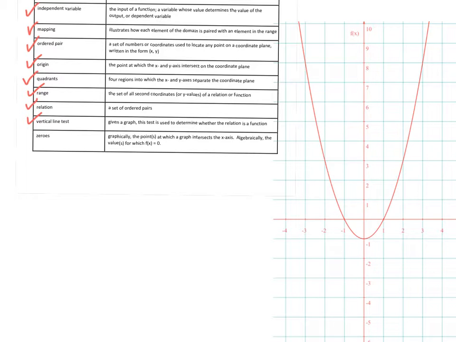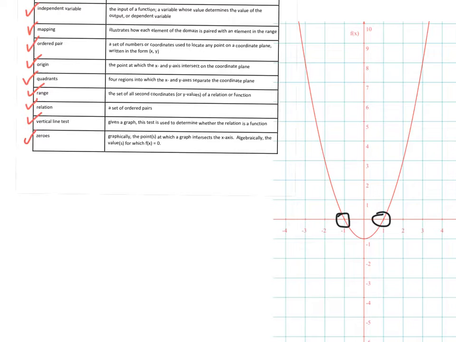Okay, so we cleared all of that mess off the graph so that we can look at our last definition. Our last definition is zeros. And for right now, we're just going to look at them graphically. So graphically, a zero is where the graph crosses the x-axis. And in this case, we have two zeros. We have a zero at -1 and a zero at 1.